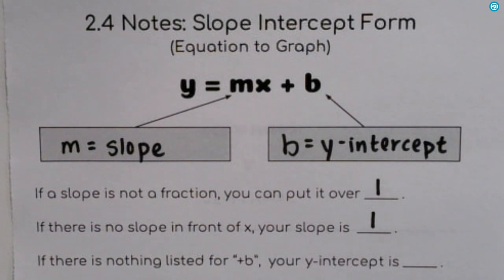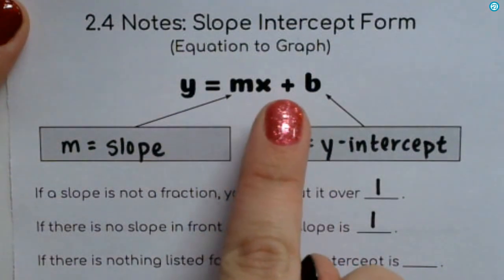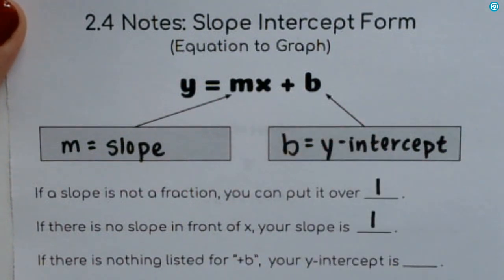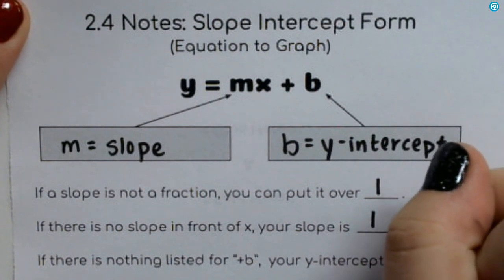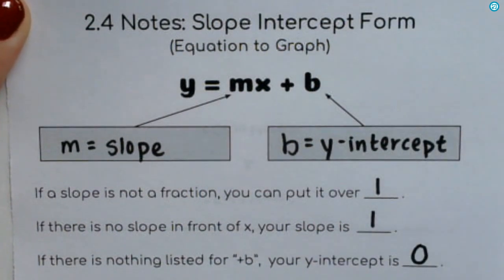If there's nothing listed for plus b, though, that means we're adding nothing. What number is nothing? 0. So if there's nothing listed for plus b, then your y-intercept is 0.